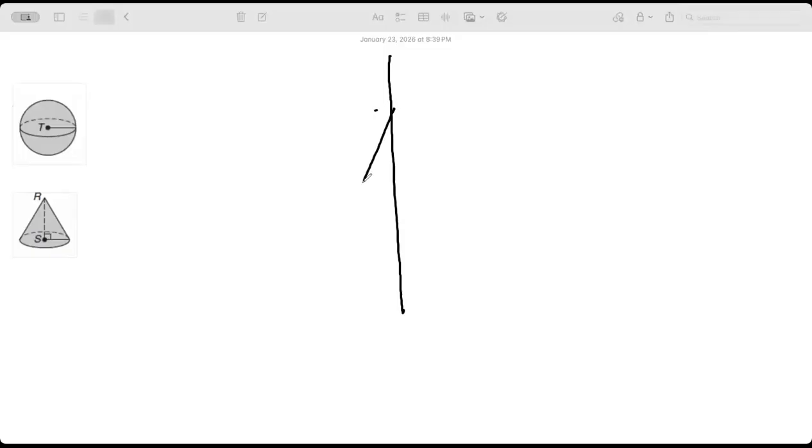This is a triangle, right? I spin this shape around this axis. What does it become? A cone. Do you see? It becomes a cone.